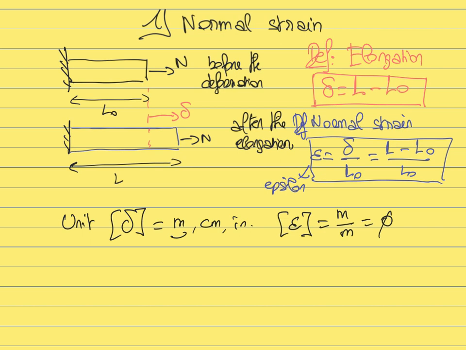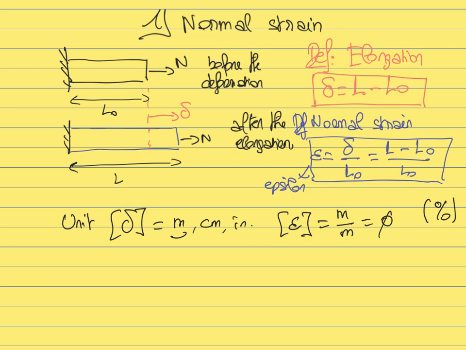Sometimes you can also refer to the strain in percentage. You can say, for example, a strain of 0.01 would be a strain of 1%. So you can express it in percent, but percentage is not a unit. That's just a way of characterizing an elongation with respect to the initial length.